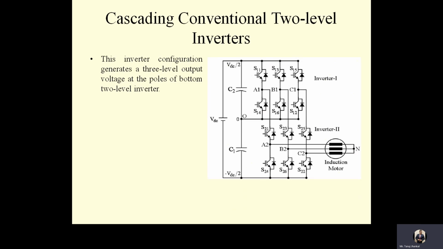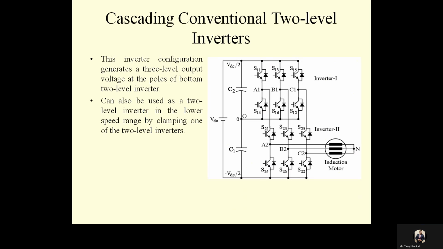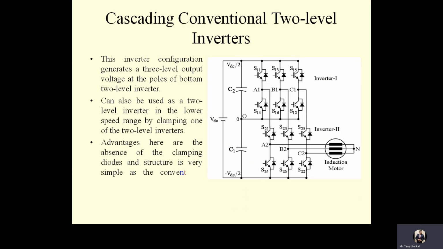This three-level inverter can also be used as a two-level inverter in the lower speed range by clamping one of the two-level inverters. The considerable advantage here is the absence of the clamping diodes as required in the three-level NPC inverter, and the inverter power bus structure is very simple as the conventional two-level DC structure is retained.